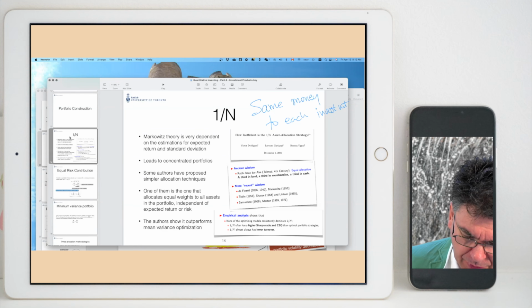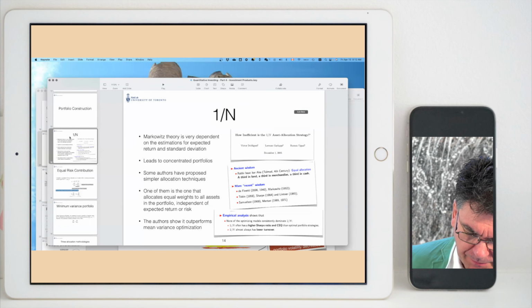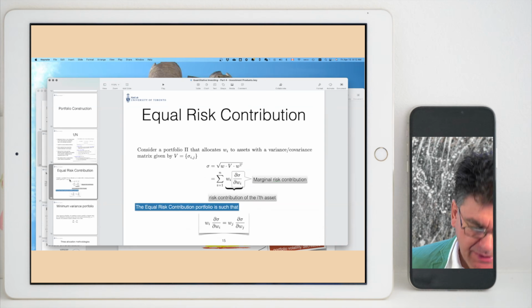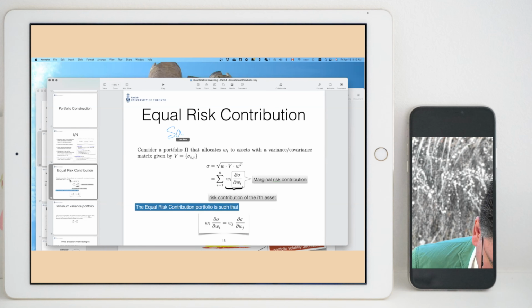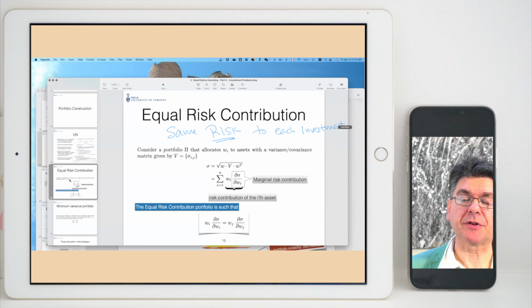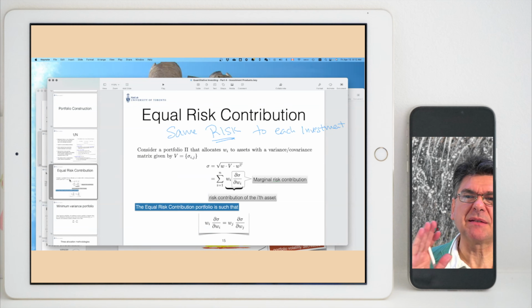Same money to each investment. This one is same risk to each investment. This is the philosophy for this. In the 1 over n is the same amount of money. Here's the same amount of risk.